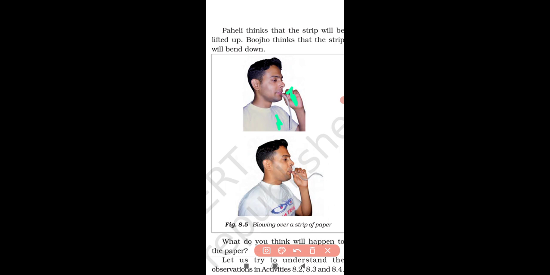The air pressure above the paper strip is lower, because you are moving the fast air. But as compared to this, the air pressure below the paper strip is higher. That is why it will push the paper strip upwards and lift it up. Okay, clear?